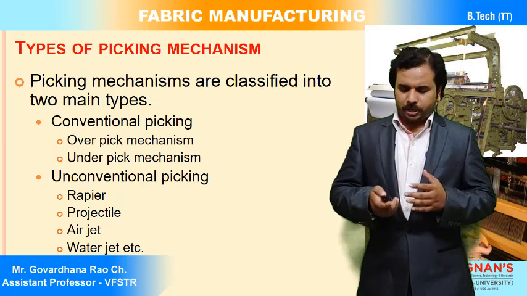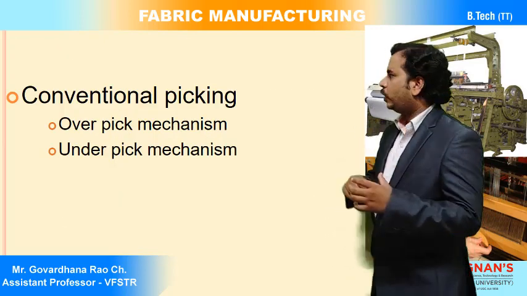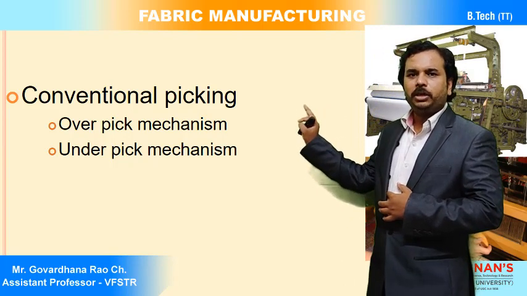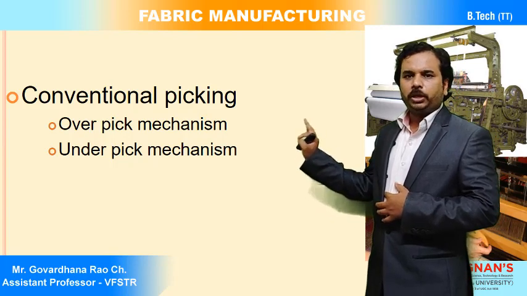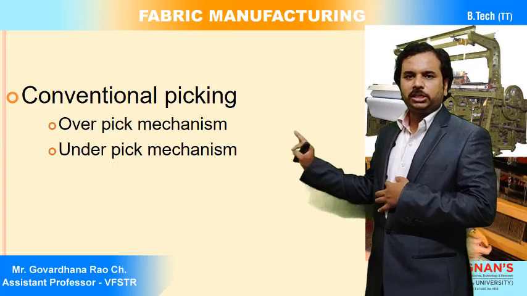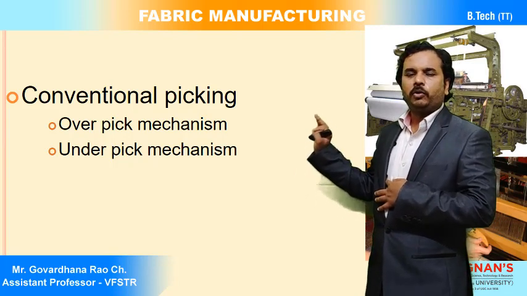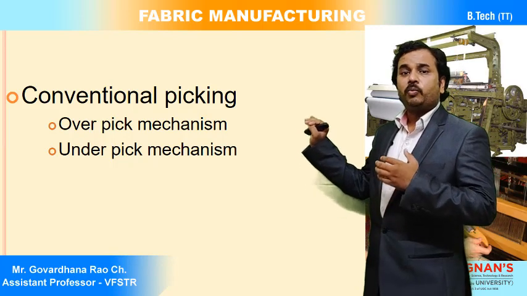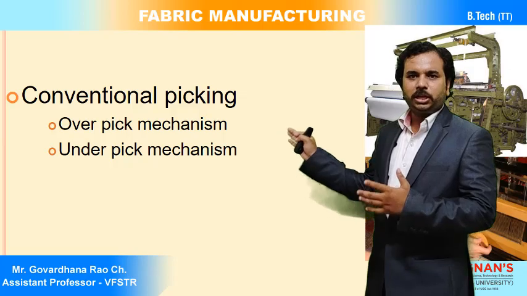So particularly we will start with the conventional picking systems, that are the over pick mechanism and under pick mechanism. We will see what the parts in the over pick mechanism are, what the parts in the under pick mechanism are, and what the working procedure of these mechanisms is, in detail.